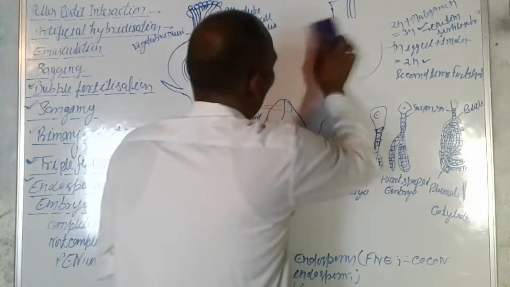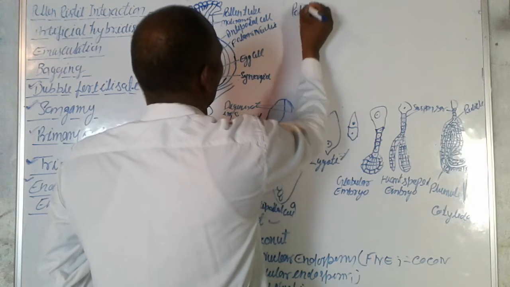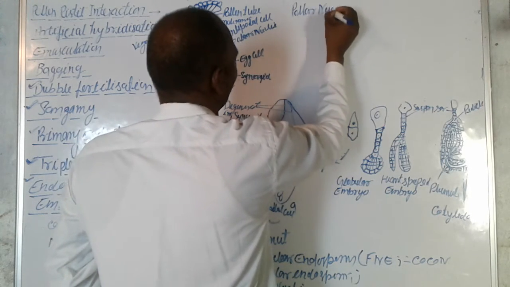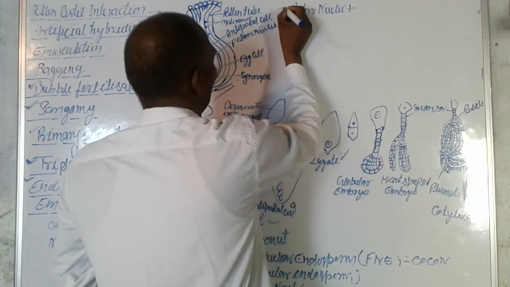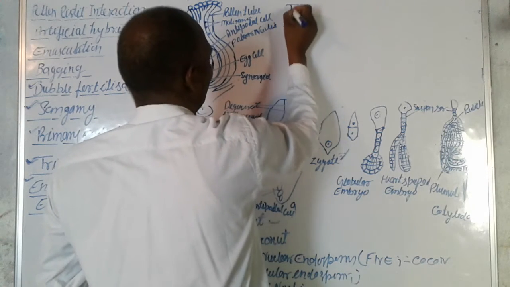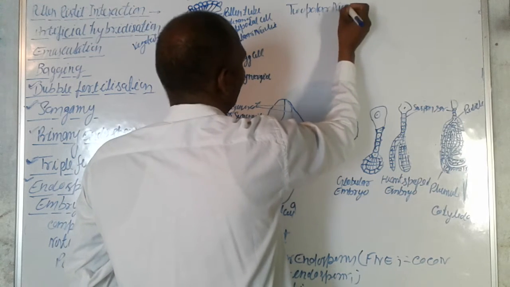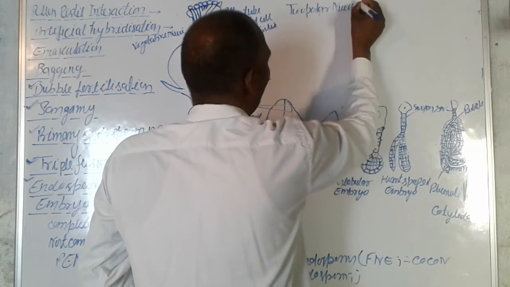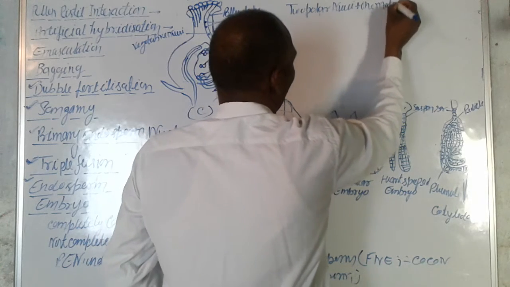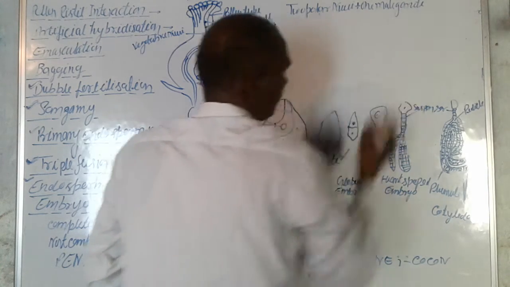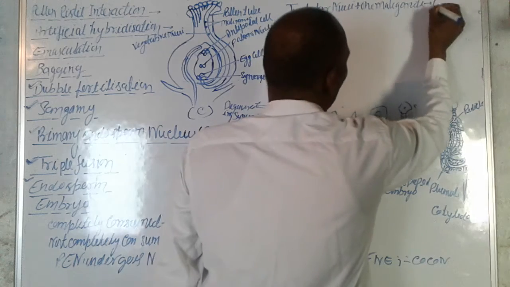We see here that 2 polar nuclei plus 1 male gamete make endosperm.